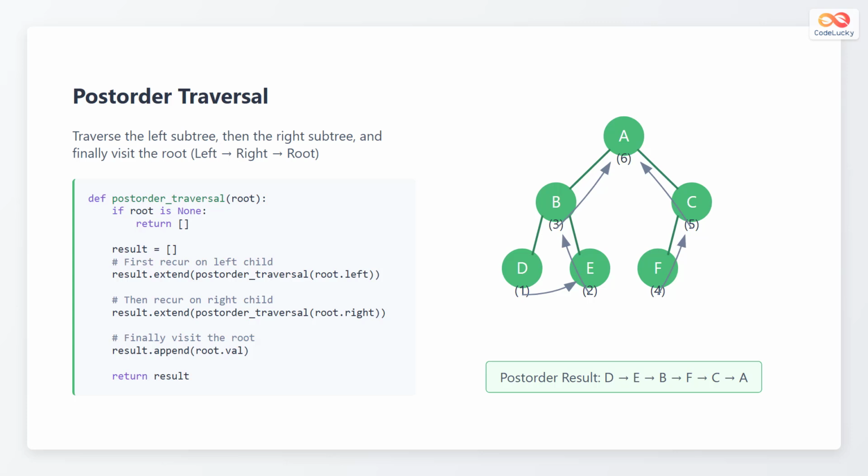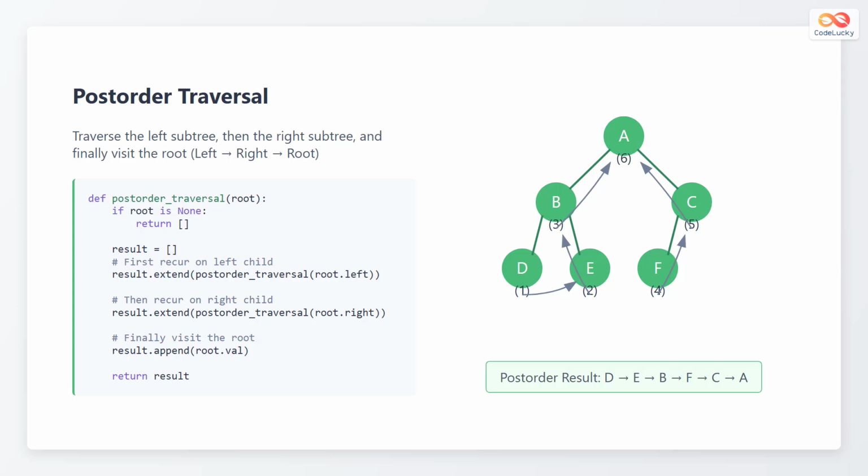Now let's dive into postorder traversal. Here we traverse the left subtree, then the right subtree, and finally visit the root. This order is left, right, root. The code snippet illustrates the implementation of postorder traversal using recursion. We begin by checking if the root is null. If so, we return an empty list.